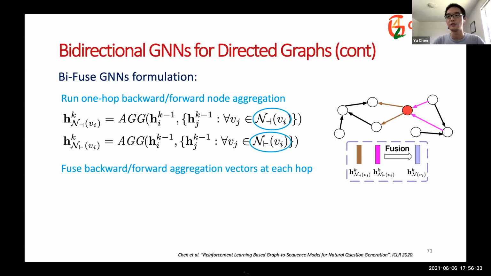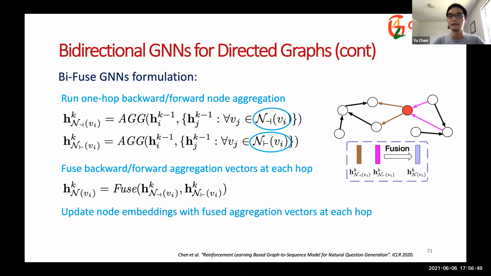Then at each hop, we fuse the backward aggregation vector and the forward aggregation vector to get the fused aggregation vector for each node. Then at the last step, we update the node embeddings with the fused aggregation vectors. That's how we can do BiFuse GNN at each hop, and we can stack multiple GNN layers to have even more powerful representation power.